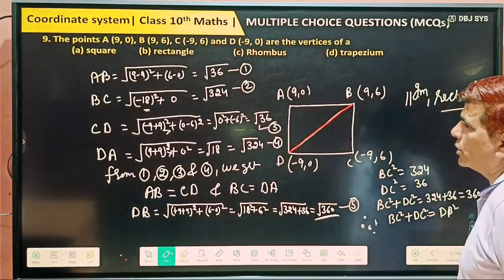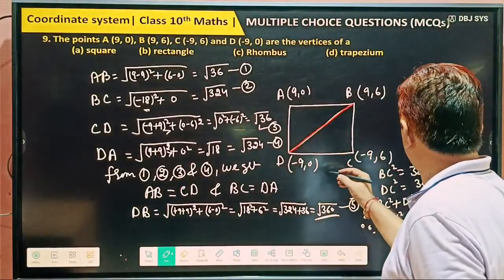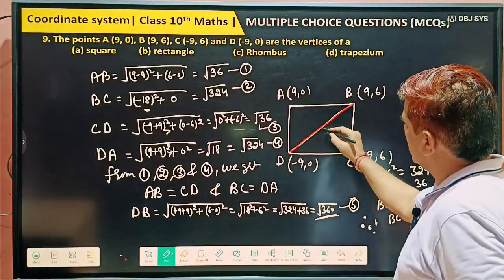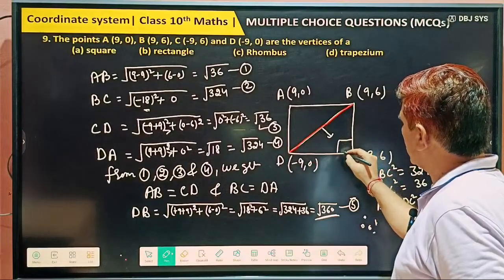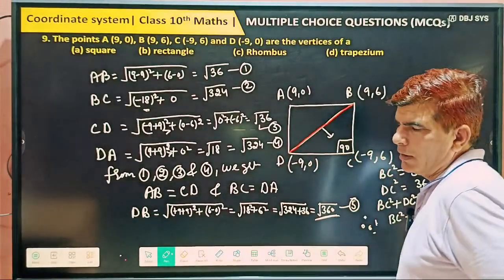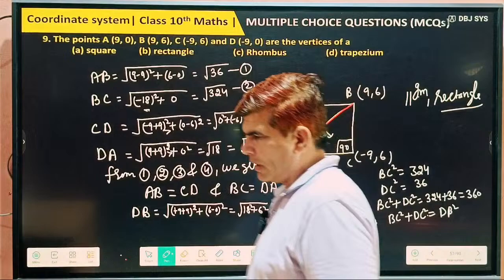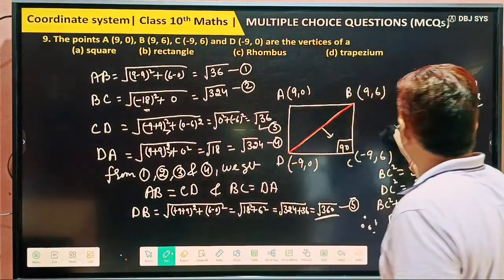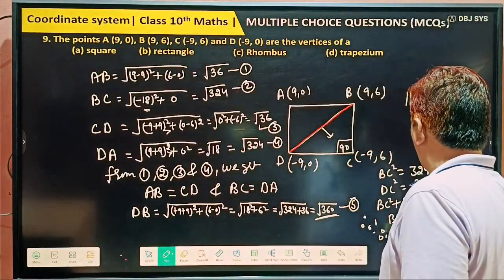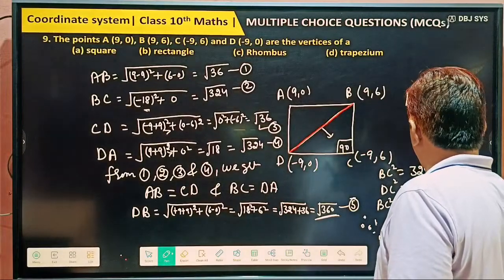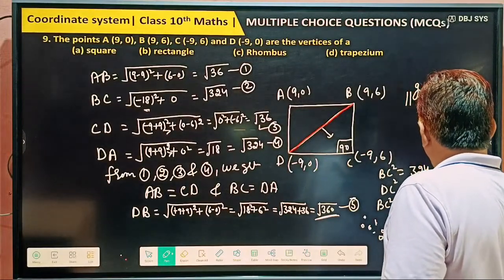So by the converse of Pythagoras theorem, the angle opposite to side DB is a right angle. This angle is 90 degrees. Similarly, the remaining angles also become 90 degrees. Therefore ABCD is a rectangle.